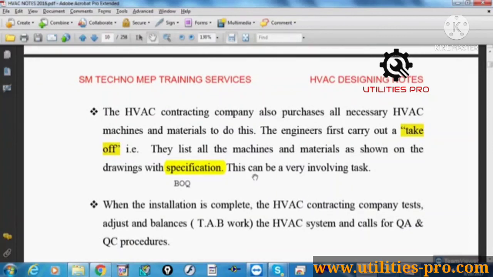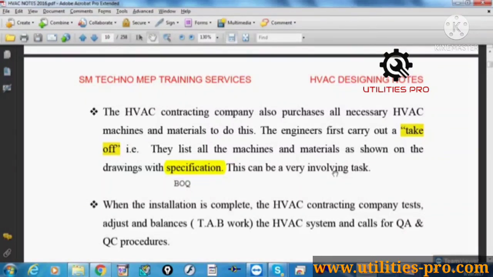Okay. Next, this can be a very involving task. Estimation is not easy. It is an involving task. If you want to do the estimation, you must know the system, you must know how to read the drawing, you must be aware of the specification, you must know the client requirement, standards, etc. Then only can you extract the information as per the requirement. That's the reason you will find estimation at the end of this course.